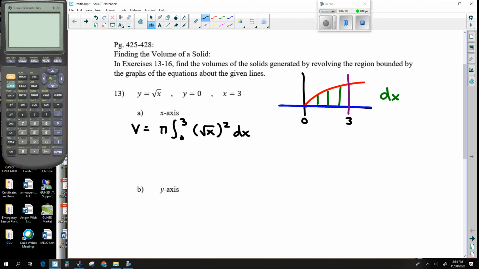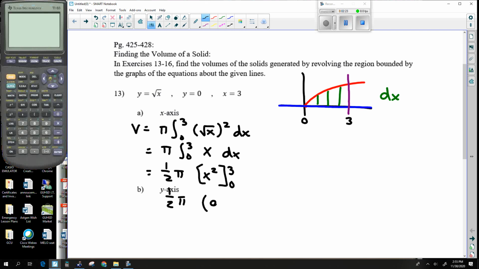So this is going to be just a straight up x. So we have 1/2 x squared. And so this is what? 9 minus 0. So this is 9 over 2 pi.